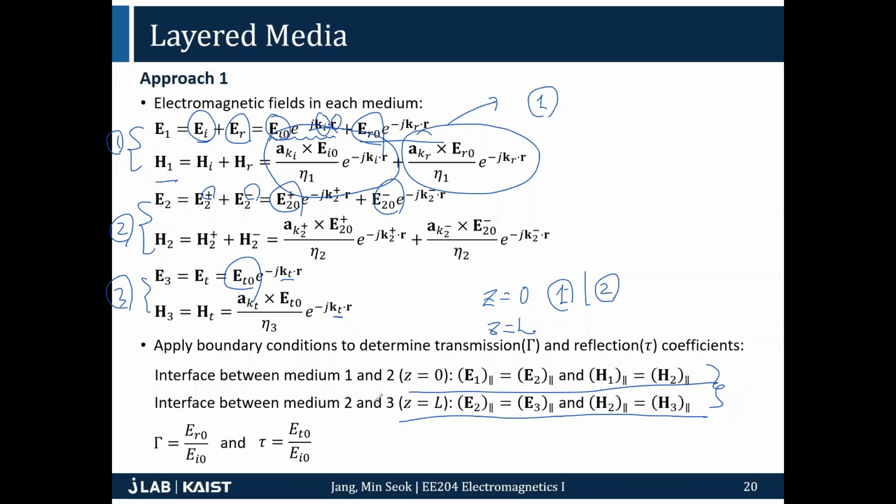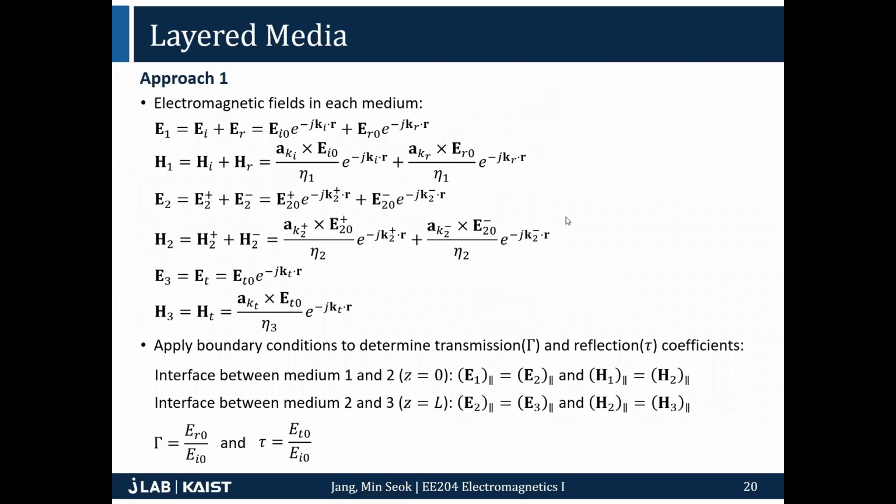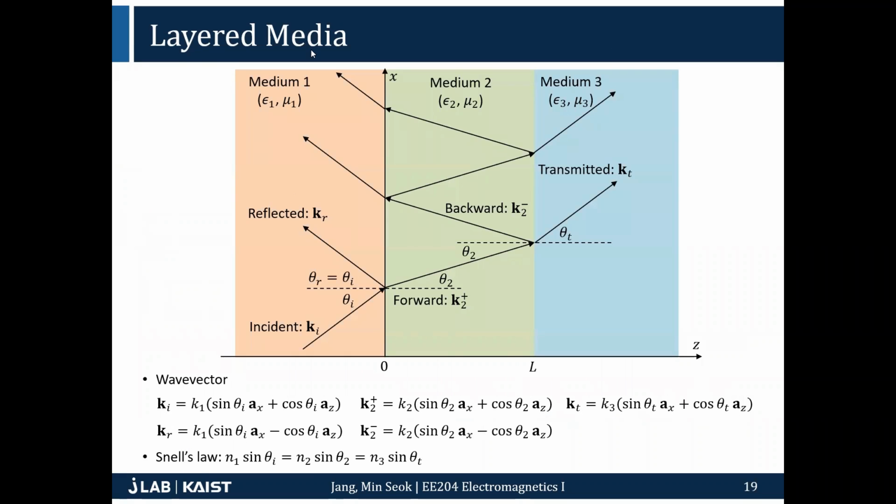And then once you do it, taking the ratio between the reflected wave and the incident wave, you get the reflection coefficient. And the transmitted wave and incident wave, you get the transmission coefficient. Okay, so this is approach 1, right? And here, the biggest thing is that you consider all these waves. You have many partial reflections, right? Undergoing reflection again and again.